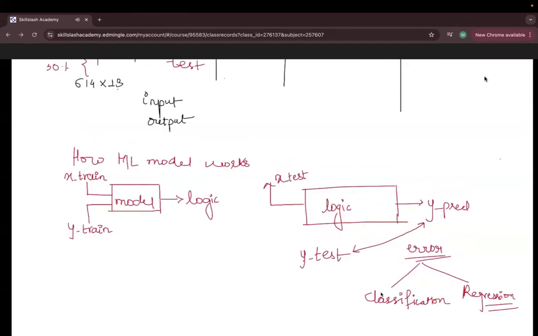Just give it a glance. Giving you a moment to understand, okay? If you have any questions, you can ask, or else we'll move.